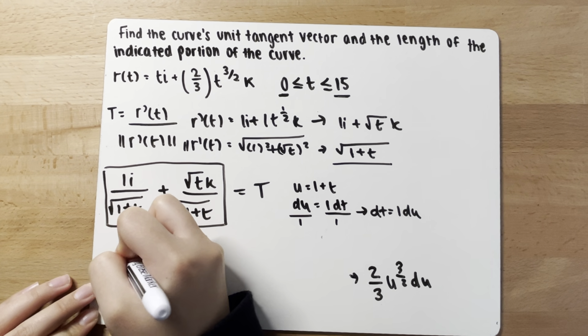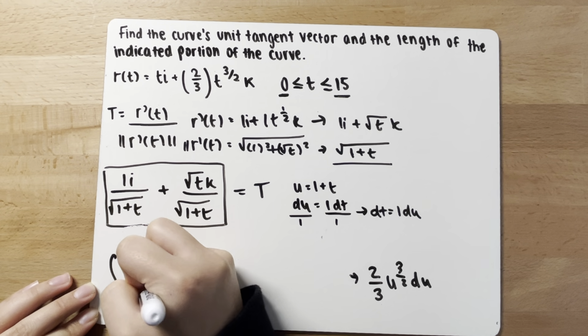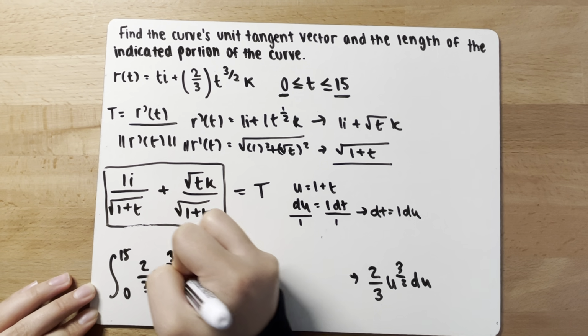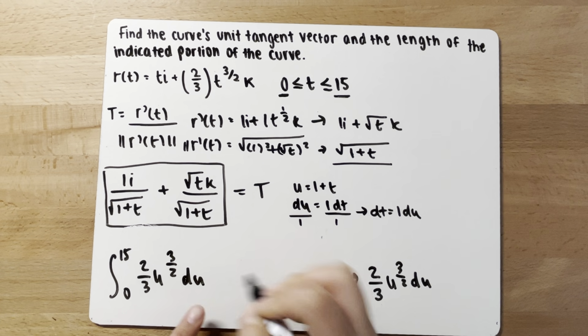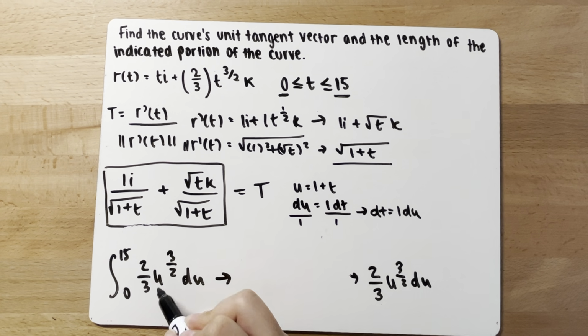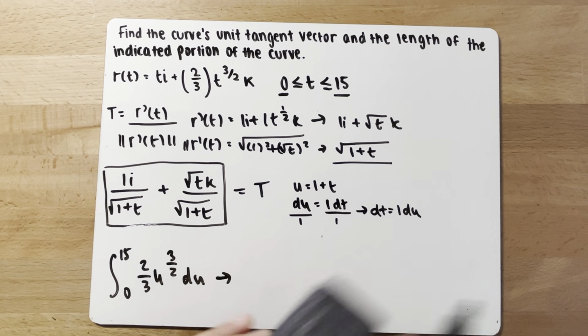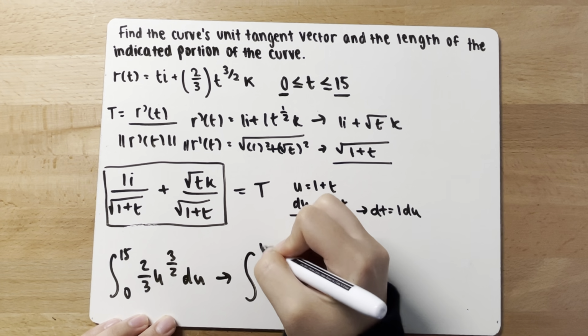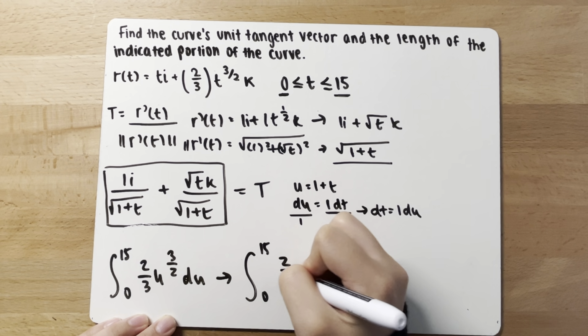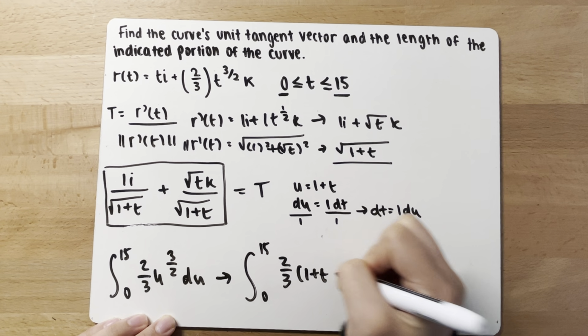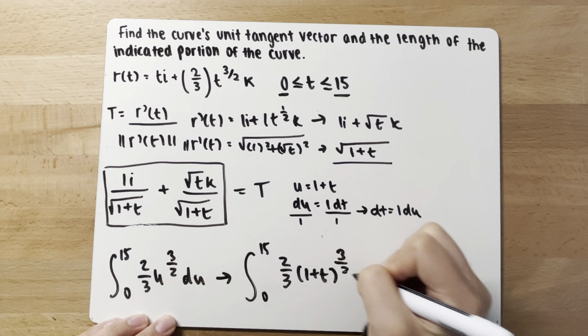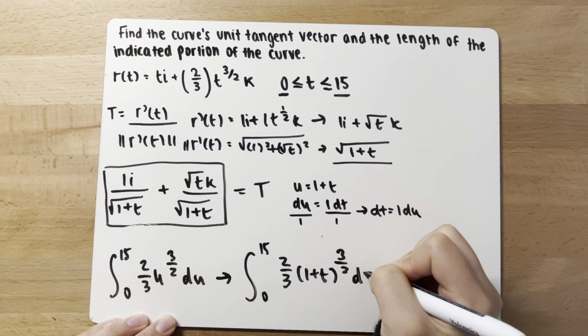We then have 15 to 0, 2/3 u^(3/2) du. Next step, substitute back u into the integral. So we substitute back, and we have 2/3 times (1 plus t)^(3/2).